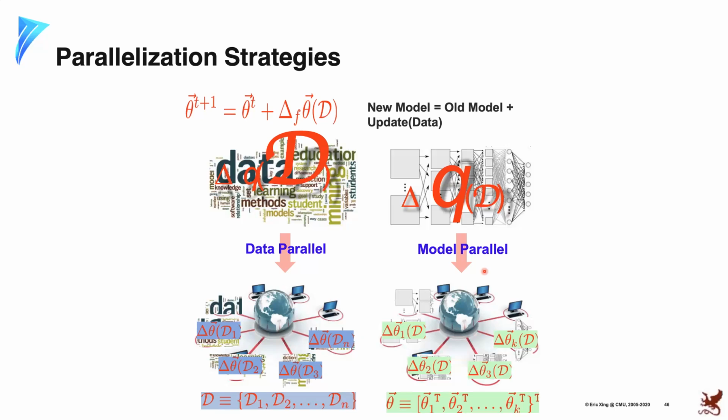So for each of these workers, we are only going to ask them to update a subset of these model parameters so that it can more quickly converge. And later on, many of the algorithms that we are talking about can be viewed as doing both the data parallel and the model parallel so that they become more efficient.